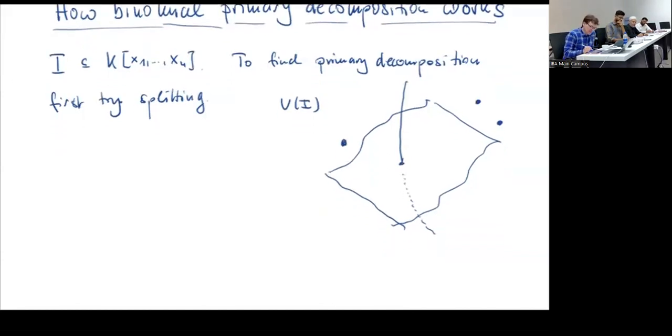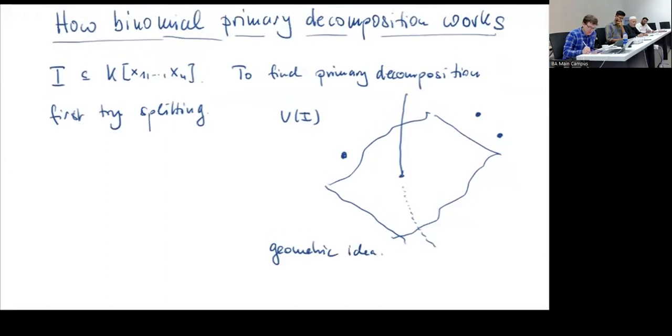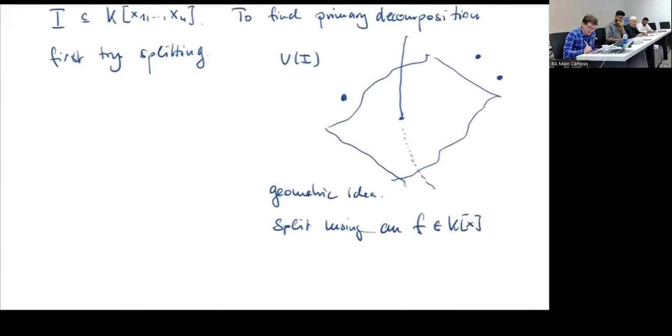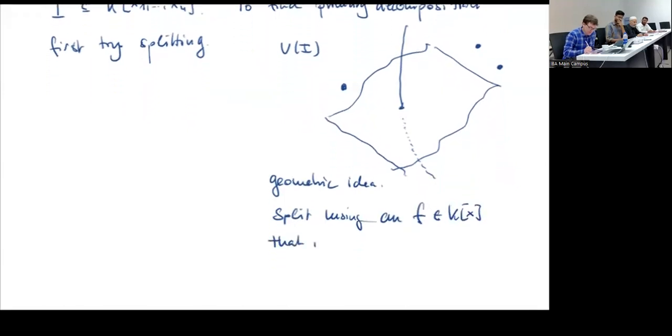And so the geometric idea is to split using an f, which is a polynomial, that is 0 on one of the components and not on the others.